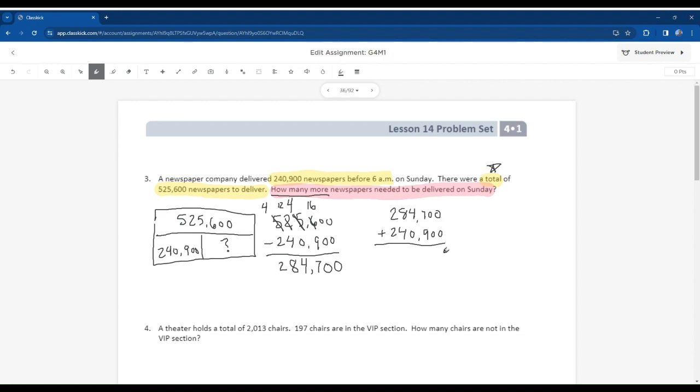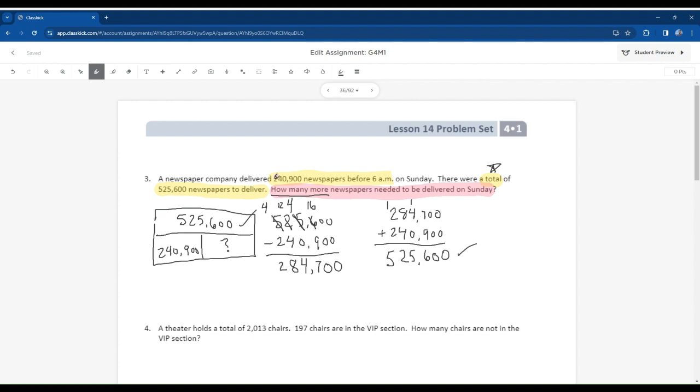So 0 plus 0 is 0. 0 plus 0 is 0. 9 plus 7 is 16. 1 plus 4 is 5. 8 plus 4 is 12. And 1 plus 2 plus 2 is 5 to make 525,600, and that checks out.